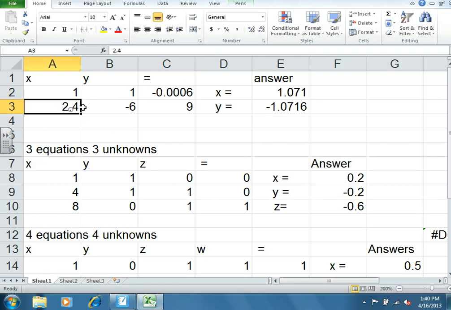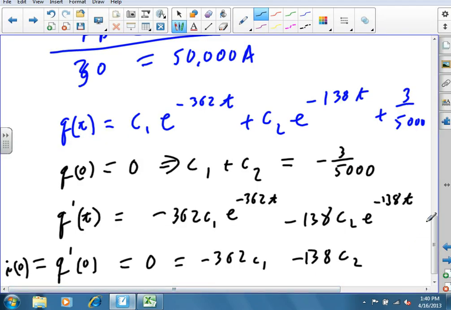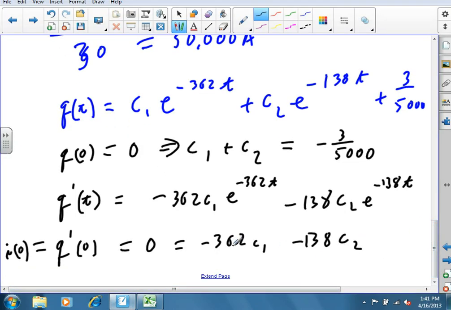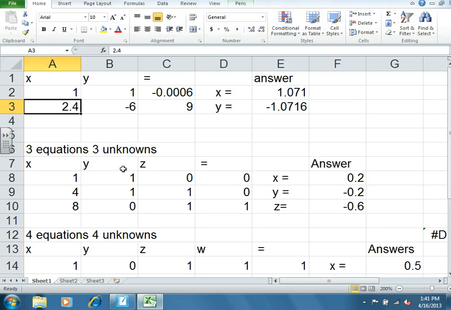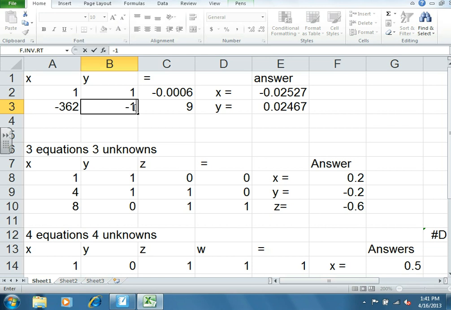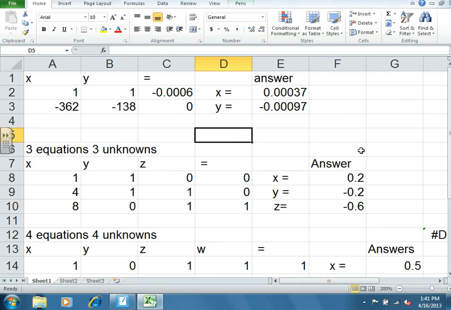And my second equation is minus 362, minus 138, and 0. Alright, so it looks like I have 37 and minus 97 with a bunch of zeros in front of it.